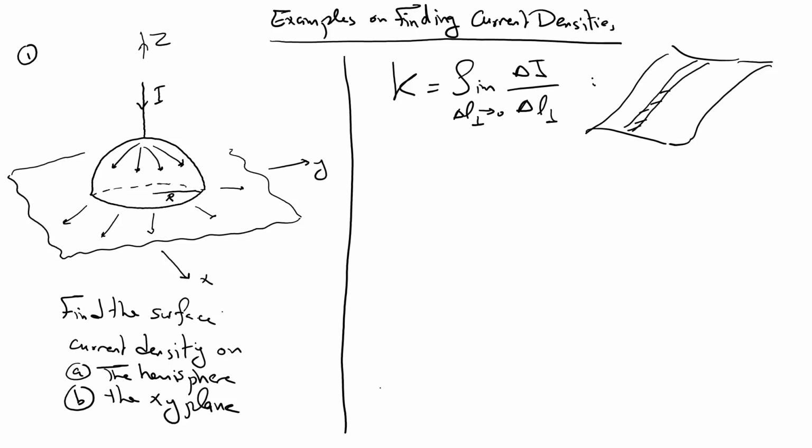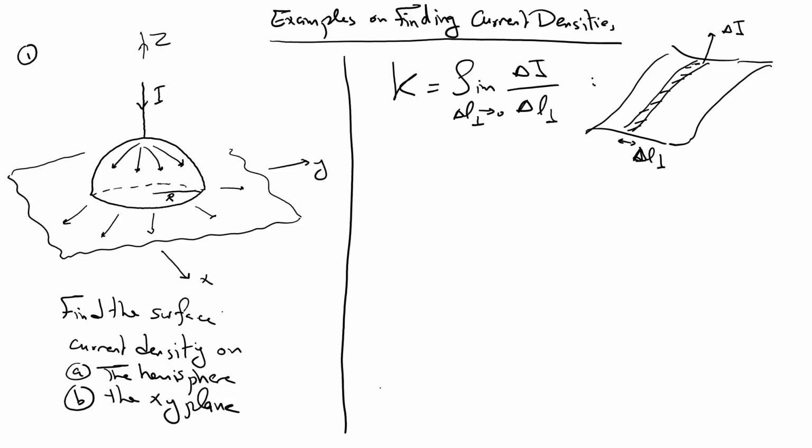Basically you have some charge flowing over a two-dimensional surface, and you divide this whole surface into lanes, and every lane contains an amount of current delta I, and it has a width which is called delta L perpendicular. In every situation you calculate the current per lane and the width of the lane, divide them, and you take the limit, and this will give you K.